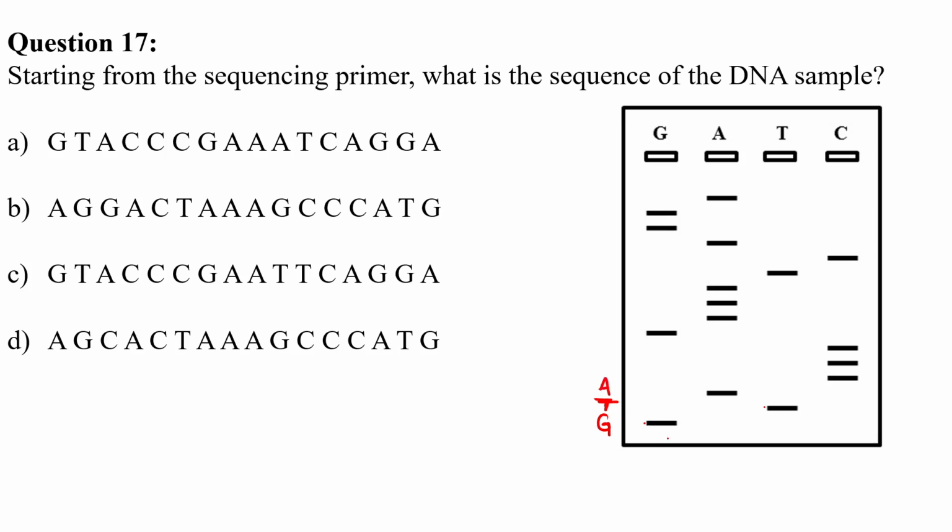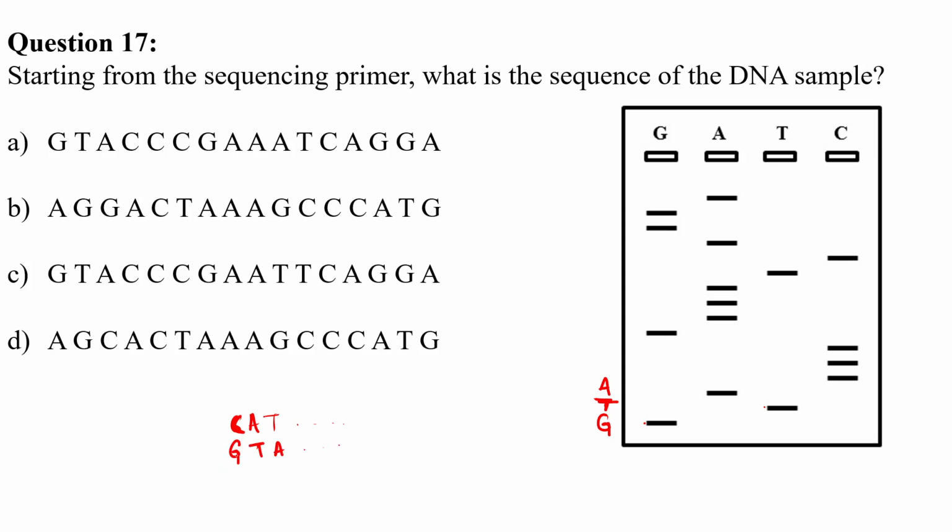We have to start reading from the bottom, because whatever the sequence is, if the template is C, A, T like this, the complementary will be G, T, A like this, right?